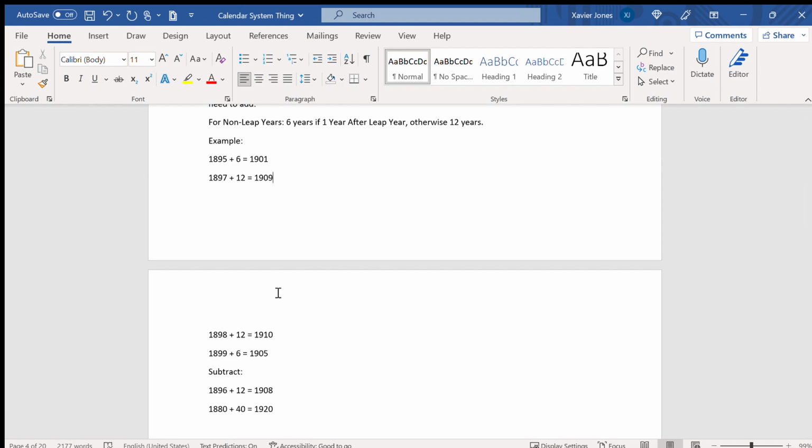It's breaking me. I don't know why this one doesn't work. So, 1 year after a leap year. 1896 is a leap year. 1900 isn't a leap year. 6 years after a leap year, or 1 year after a leap year. This one is 1 year before a leap year. This is 1 year after. It's 12. And that's fine. I can accept that reality.